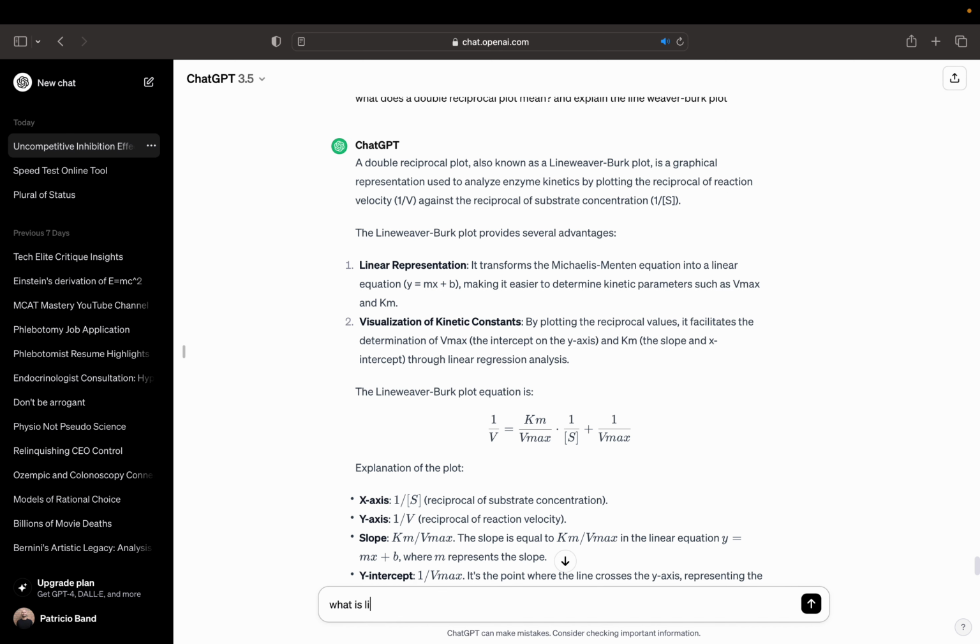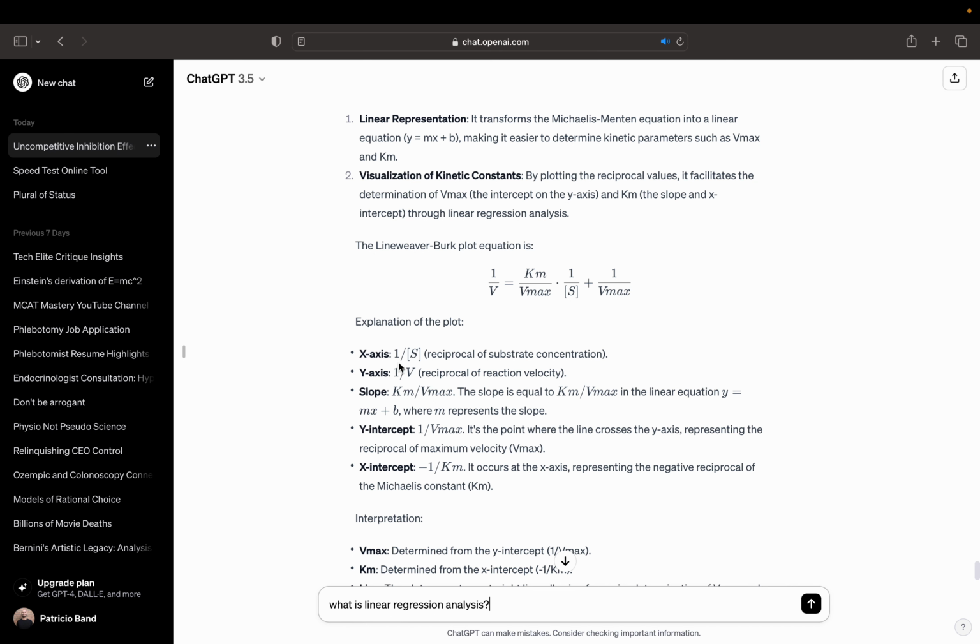What is linear regression analysis? Explanation of the plot. X-axis, reciprocal of substrate concentration. Y-axis, reciprocal of reaction velocity.